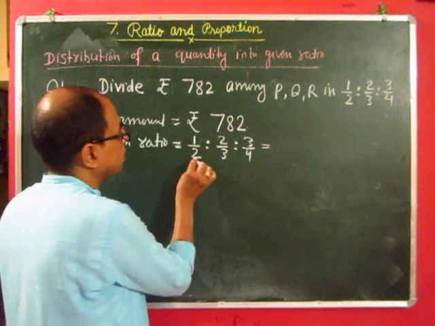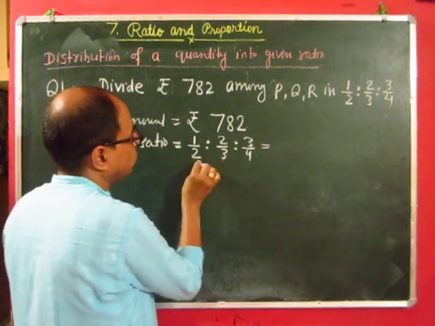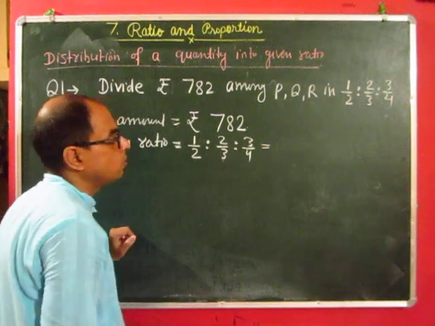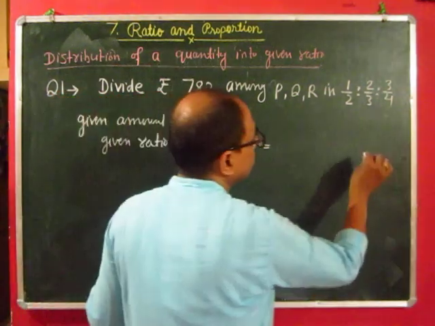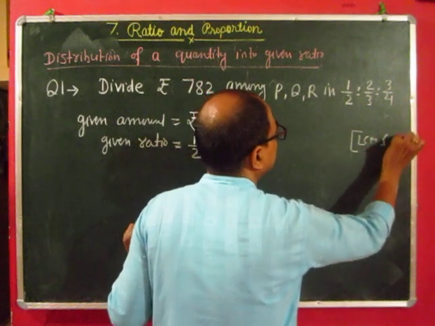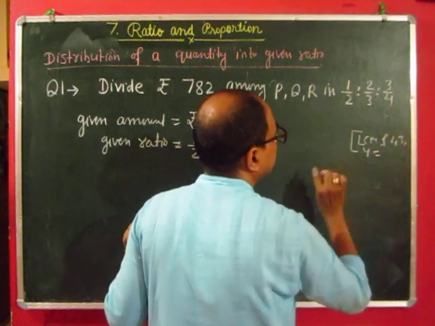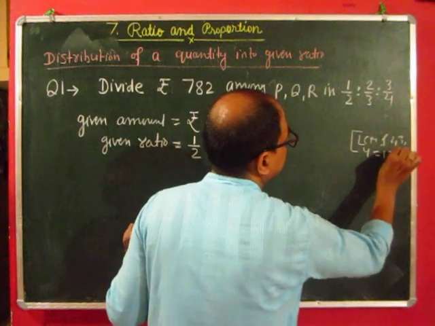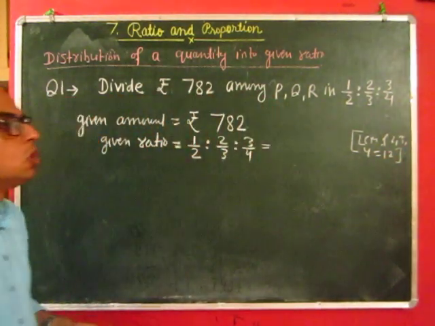So here the denominators are 2, 3 and 4. What is the LCM of 2, 3 and 4? The LCM of 2, 3 and 4 is 12.